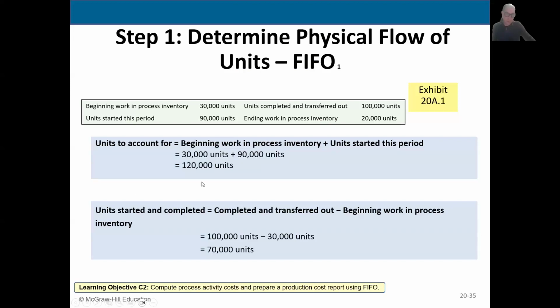And so here we have an example: 30,000 beginning work in process inventory plus 90,000 started during the period, as you know, is 120. The units completed and transferred out are 100, and ending work in process is 20. We take the units completed and transferred out minus the beginning work in process inventory to get 70, which is the units started and completed.